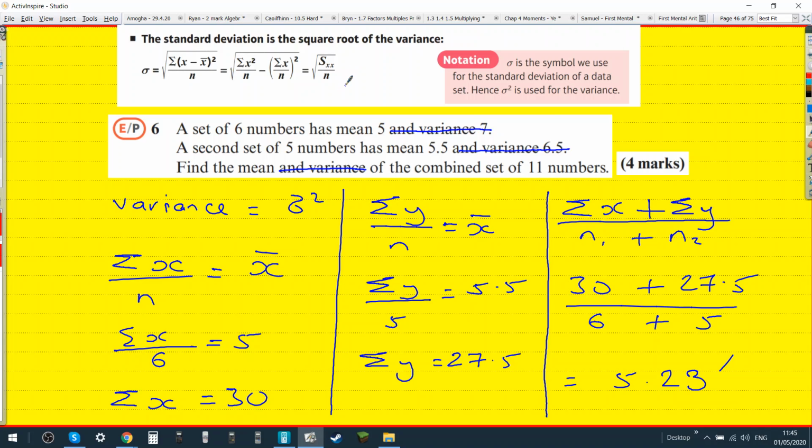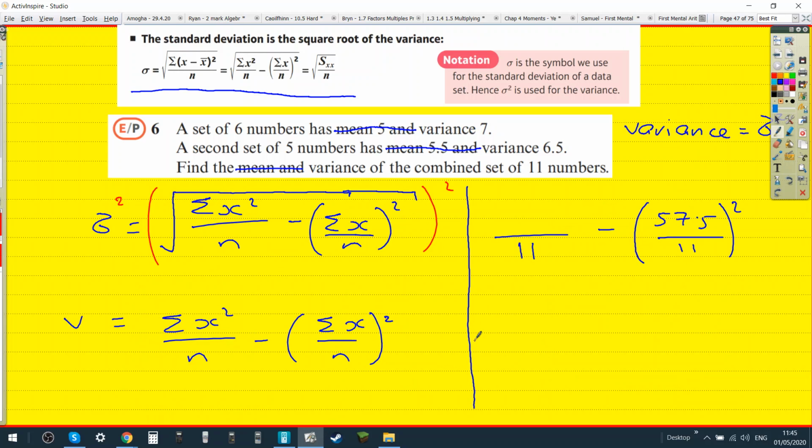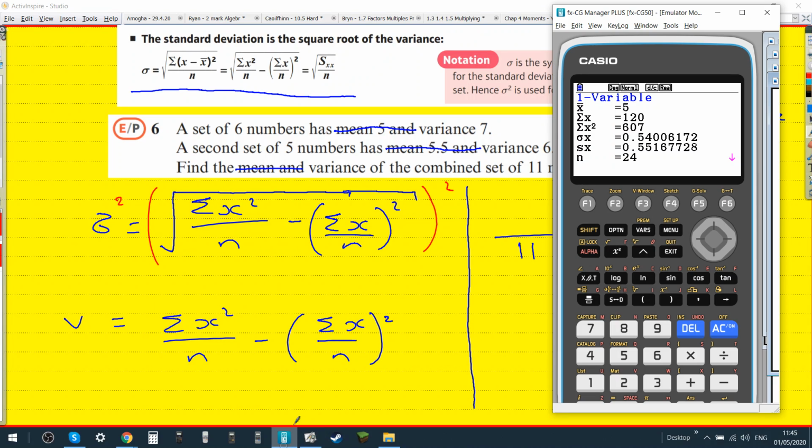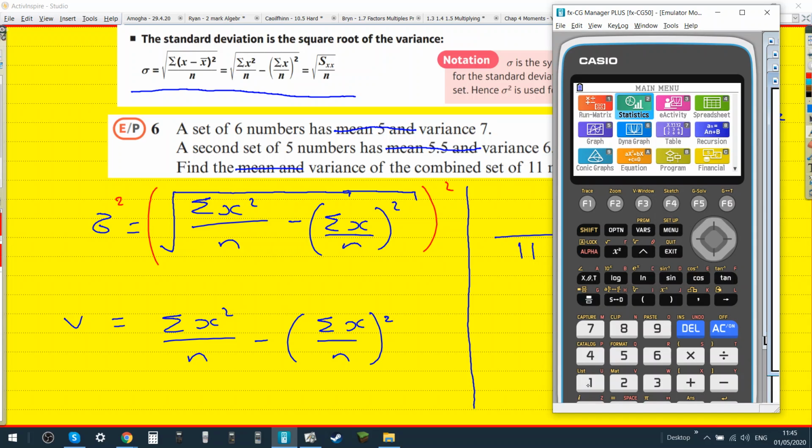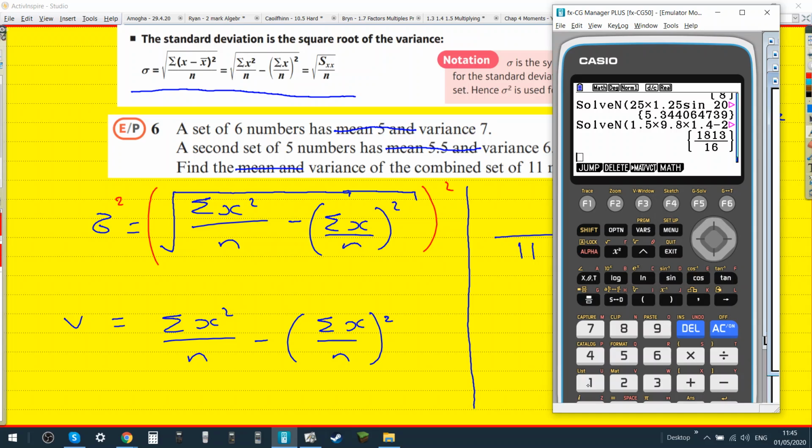So 6 numbers have a mean of 5. So their variance is 7. Oh, hang on. So one variance is 7. One variance is 6.5. I think there might be a simple way to do this, because we have just summary data, so we don't have the raw data to do that.